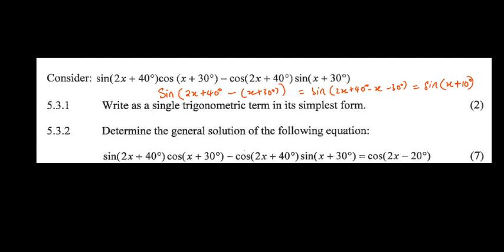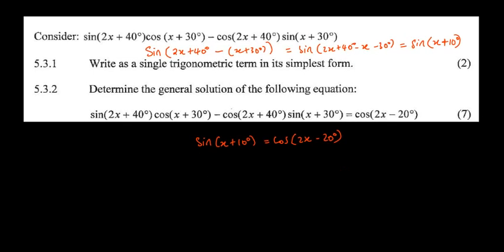Then they said determine the general solution of the following. They gave you sine. You know this whole thing from the previous question. We found it to be sine x plus 10 degrees again. Then they say it's equal to cos into 2x minus 20 degrees. Now for general solution, I think we actually need a session on it.